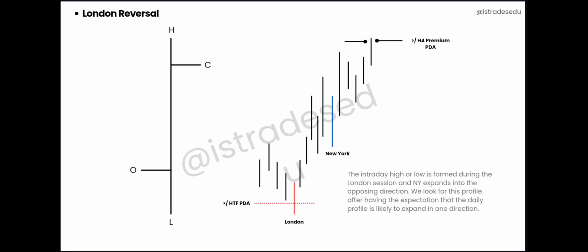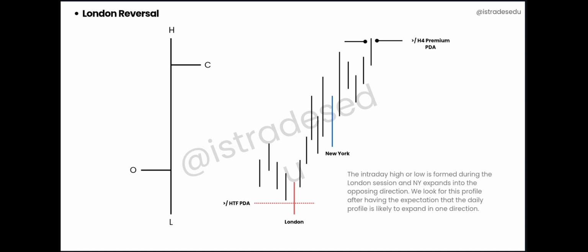So there are different kinds of profiles that form within the daily candle. We have the London reversal, we have the New York manipulation, we have the New York reversal. We have the seek and destroy profile, and then there are others that I don't really mention because they are not really necessary, or I don't really trade them.